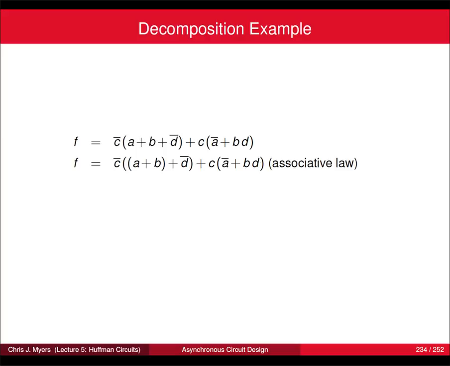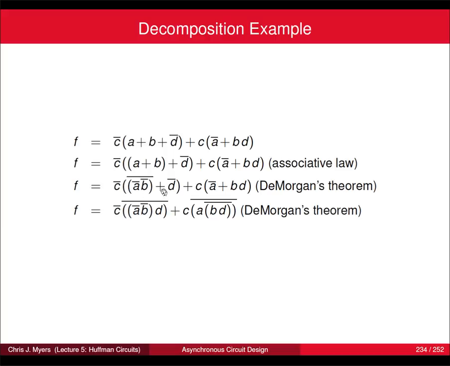Using the associative law, this is a 3-input gate, but I only have 2-input NAND gates in my base functions. So I need to turn that into 2-input gates, and I use the associative law to do that. Then I can apply De Morgan's theorem to turn that into a NAND gate. So I flip that using De Morgan's theorem.